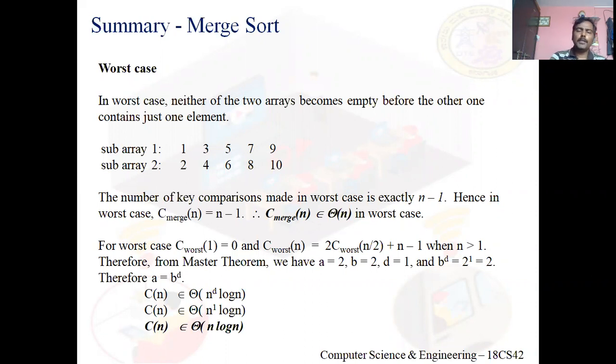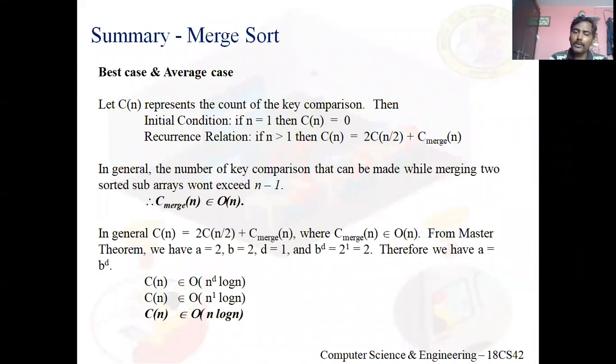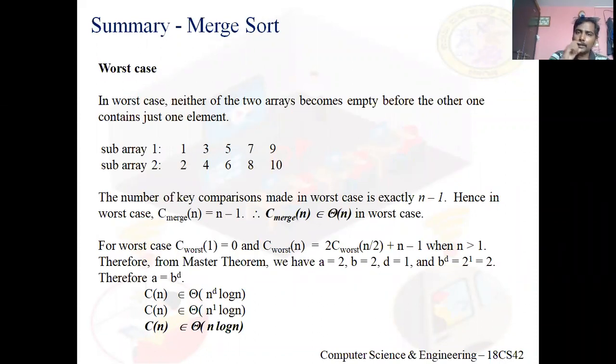So here C merge of n is big theta of n because it's exactly n minus 1 comparisons. In the previous case, why did I write big O of n? Because at most n minus 1 comparisons take place on an average case. So big O of n. But in the worst case, it's big theta of n.